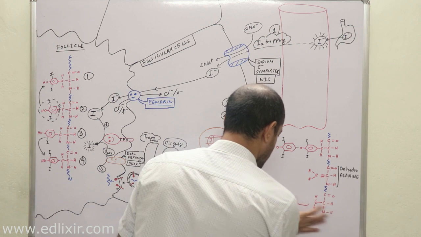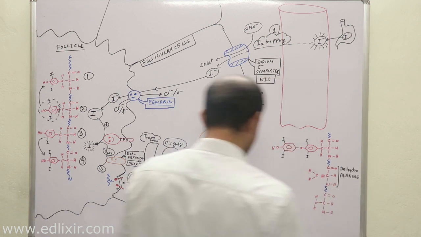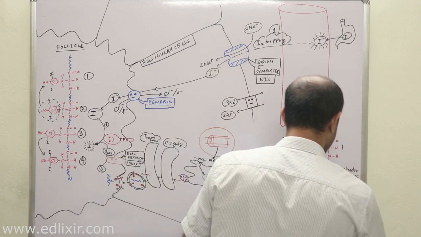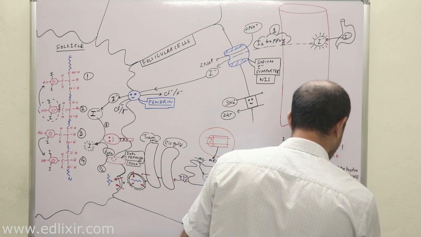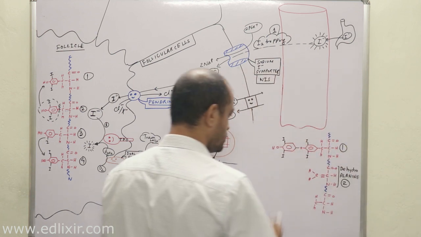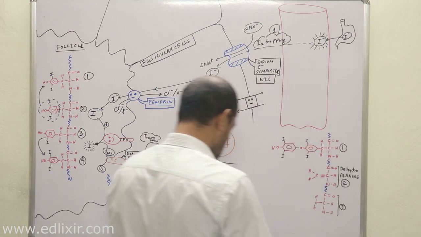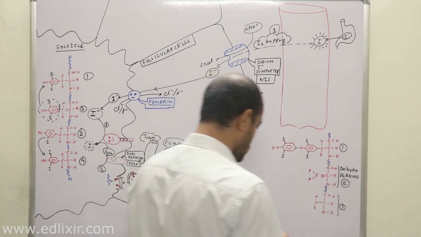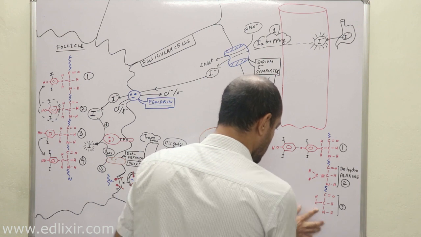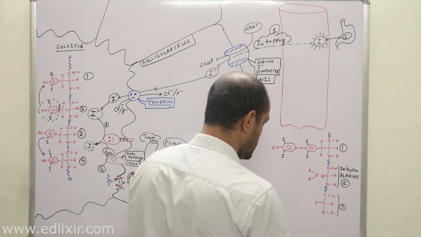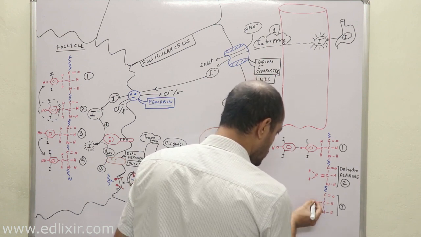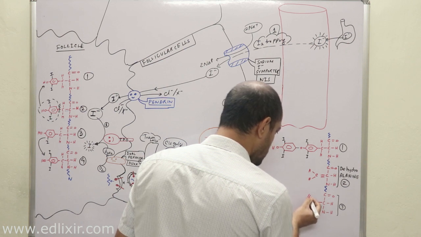Clear? So we were talking about this is the first, this is the second, which is converted into dihydroalanine because it has lost its benzene ring. Now this is the third, and here also we will get dihydroalanine, right? Why is it called dihydroalanine?